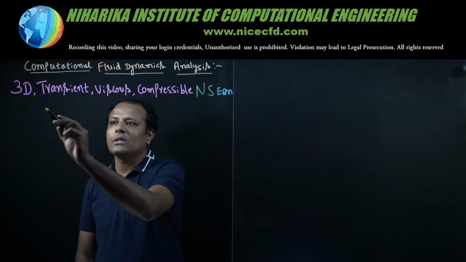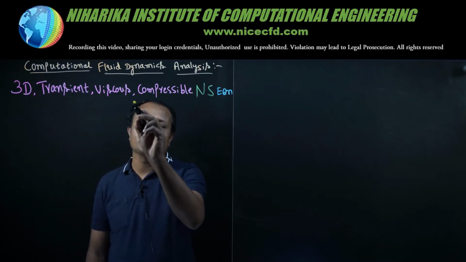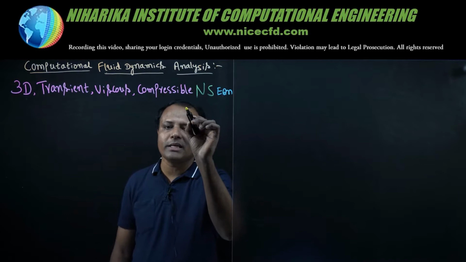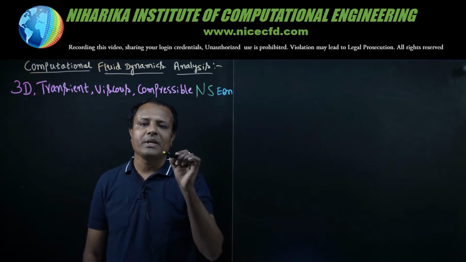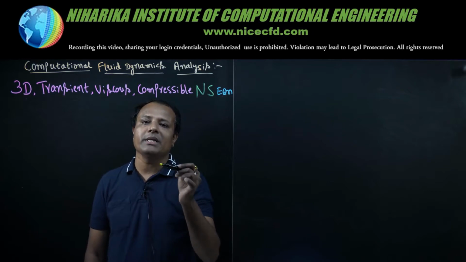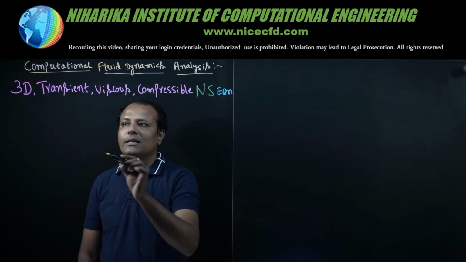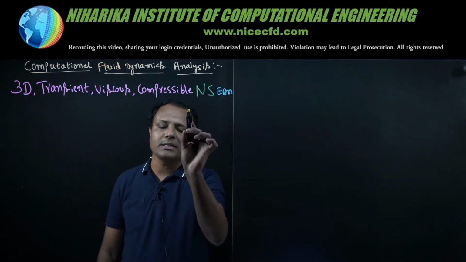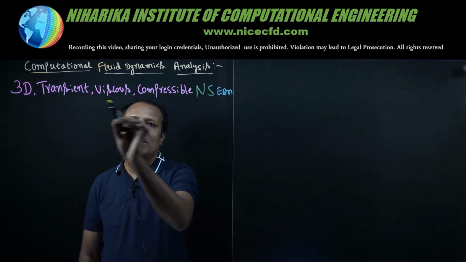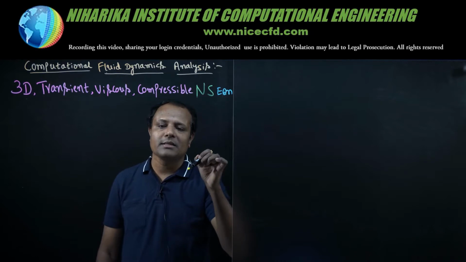In that, the 3D transient viscous compressible combination contains the terms which are applicable to the remaining 23 combinations. So that is the reason we have selected 3D transient viscous compressible as the flow combination for this session.